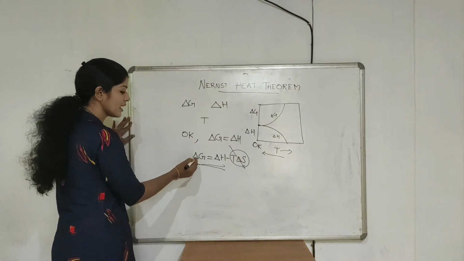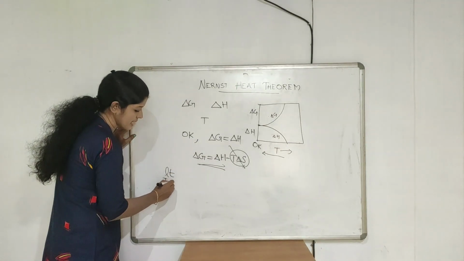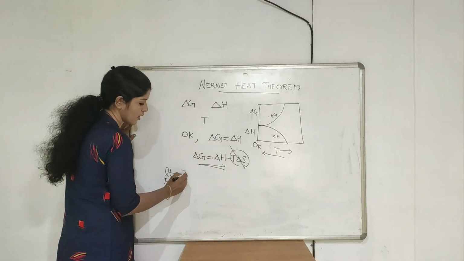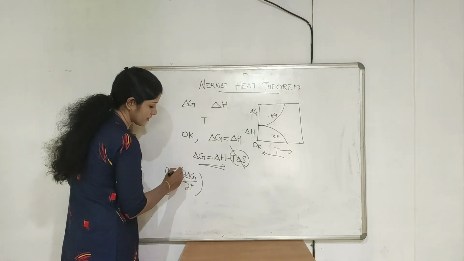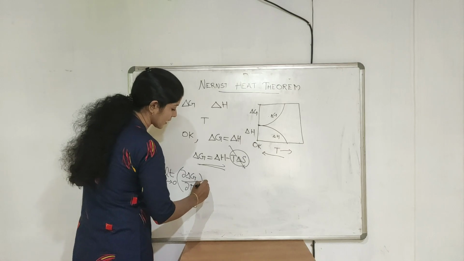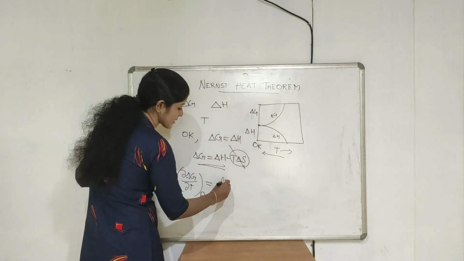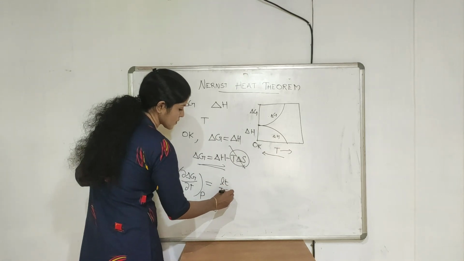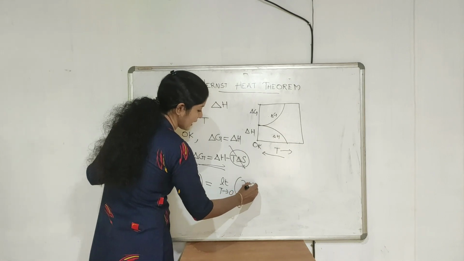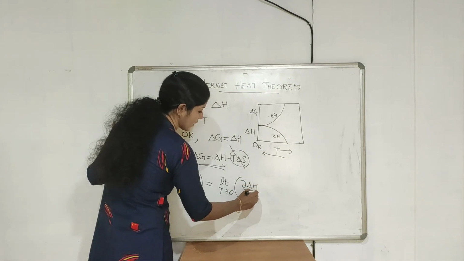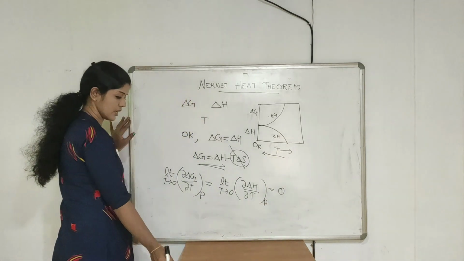Now, I can represent this equation as limit T tends to 0, dou delta G by dou T at constant P is equal to limit T tends to 0, dou delta H by dou T at constant P is equal to 0.